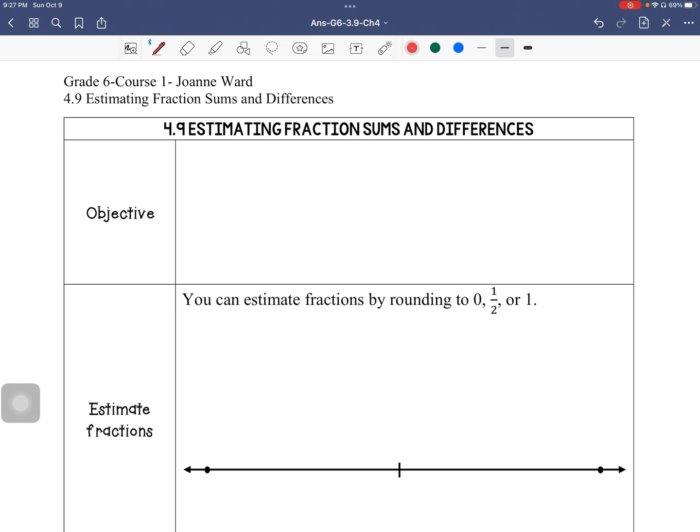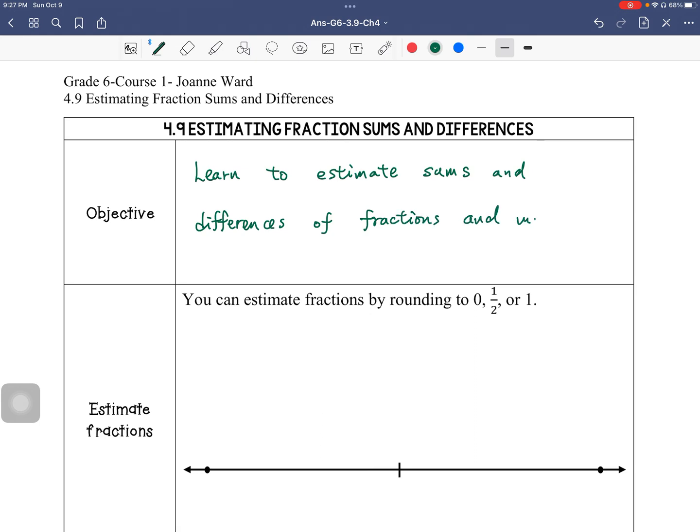The objective here is that we want to learn to estimate sums and differences of fractions and mixed numbers.